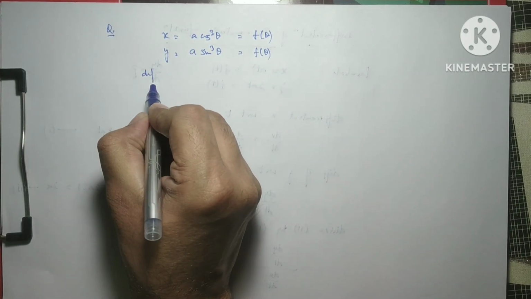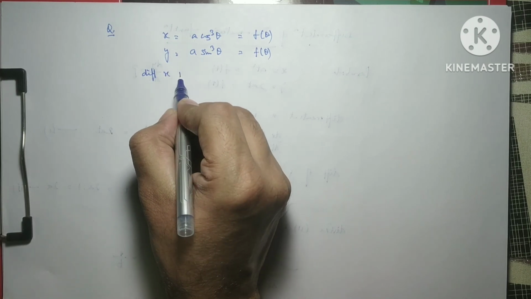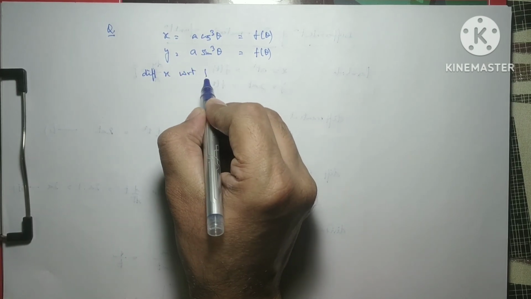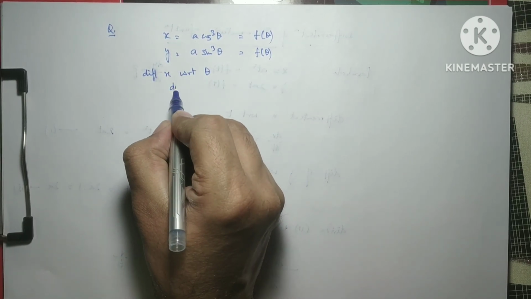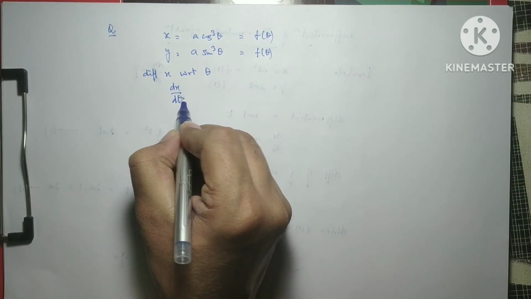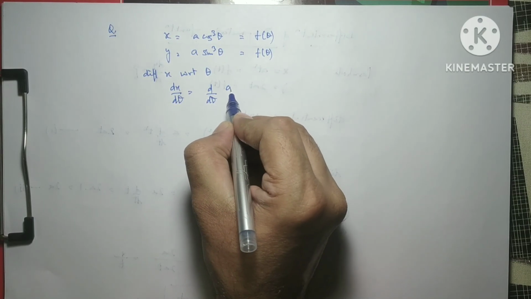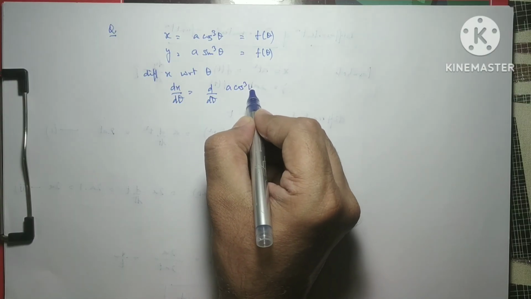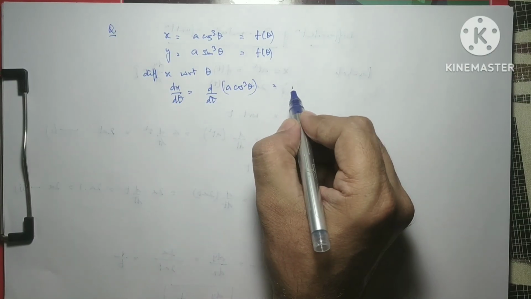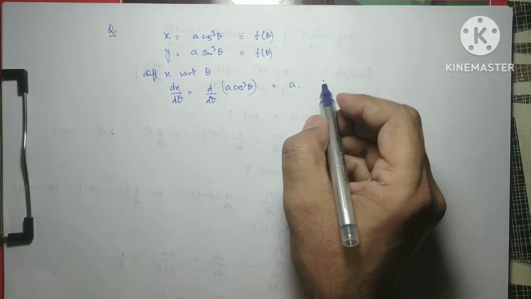Differentiate x with respect to theta, so dx over d theta means d over d theta of a cos cube theta, with a common. What about cos cube theta?